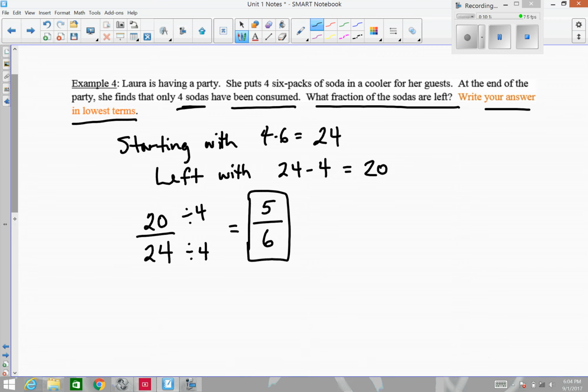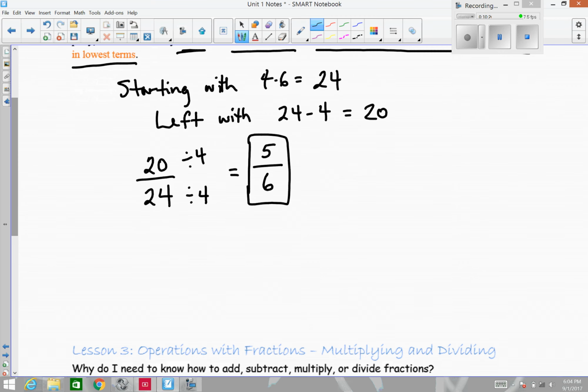Now supposing I did not recognize that 4 was the greatest common factor, but I know that these numbers 20 and 24 are both even numbers, so they would be divisible by 2. If I did that, I would get 10 over 12. I really need to make sure I look at this fraction, 10 over 12, and check again, is there another common factor? And in this case there is.